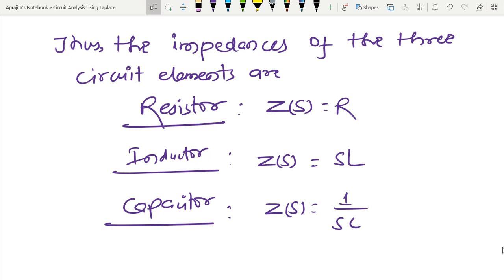So in this way we are talking about the impedance.